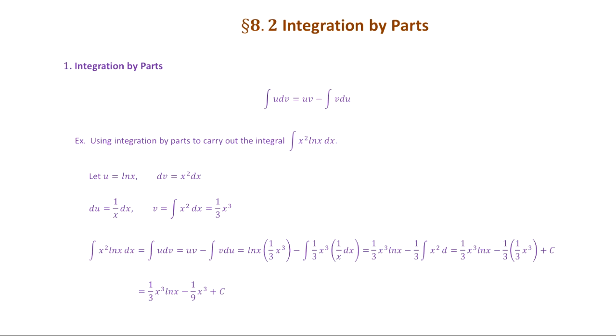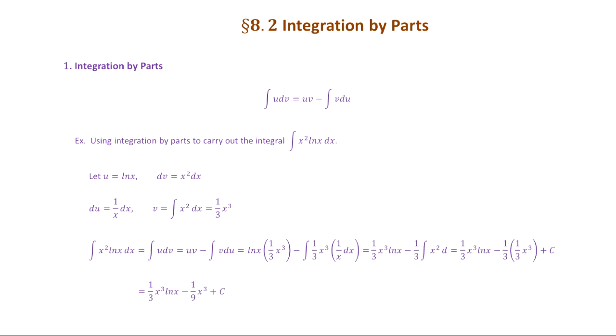Remember, u and v are both functions of x. And it turns out this time you can only choose u to be ln x to work it out. If you choose u to be x squared, it will not work. So let u equal ln x and dv equal x squared dx.